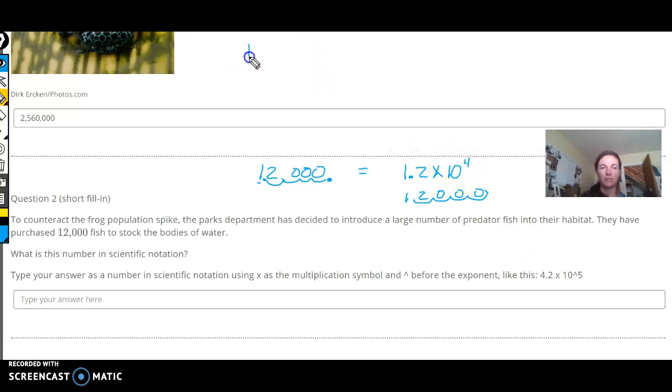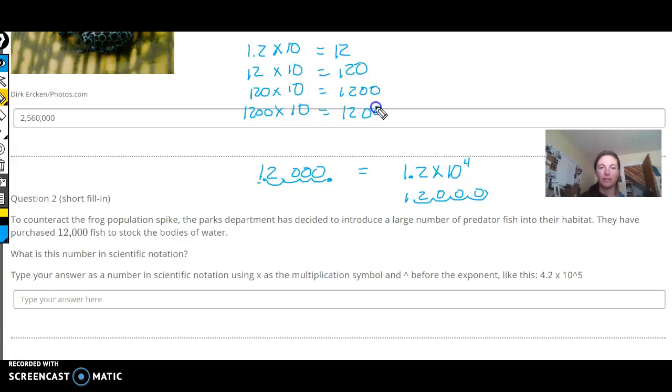I'm saying 1.2 times 10, that's 12. 12 times 10 is 120. 120 times 10 is 1,200. 1,200 times 10 is 12,000. 1, 2, 3, 4 tens. 1.2 times 10 4 times is 12,000.